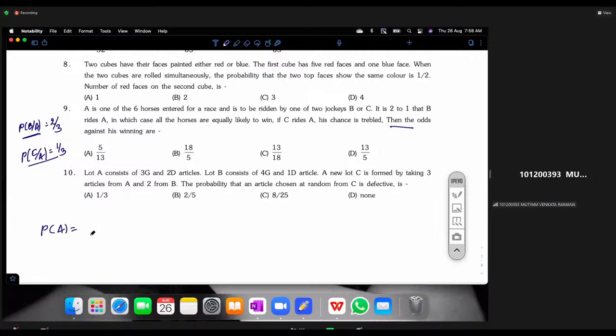If B rides A, the probability of A winning, equally likely, is 1 by 6. Now, C riding A is 1 by 3, and at that time the probability of A, his chance, is tripled.